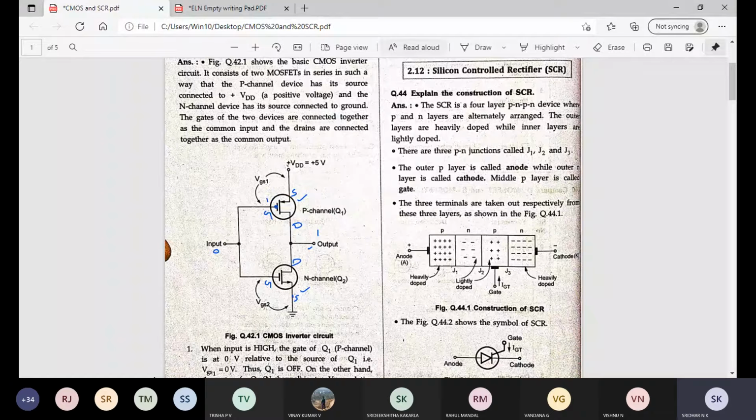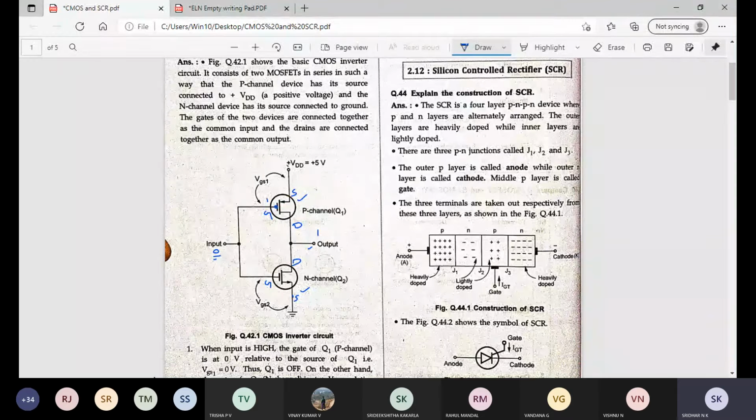Now, how does the complement take place? Let us see the operation of this CMOS. If I give input as 0, the gate of PMOS will be closed and the gate of NMOS will be open. That means the circuit can be replaced with something like this.